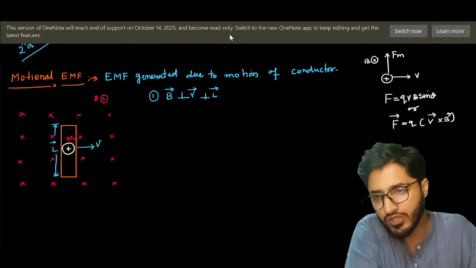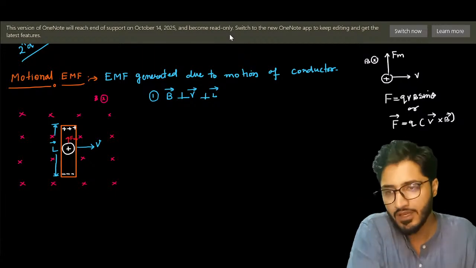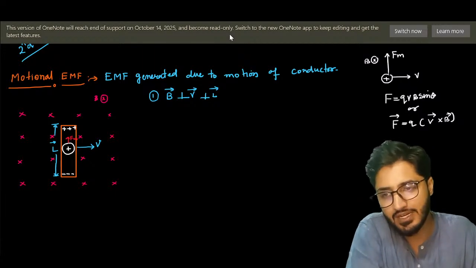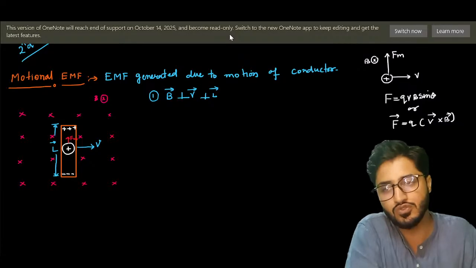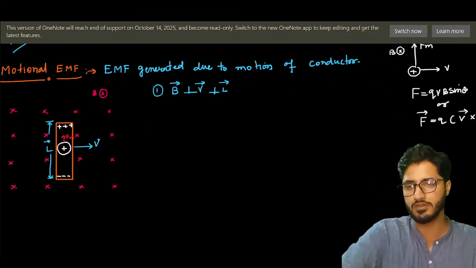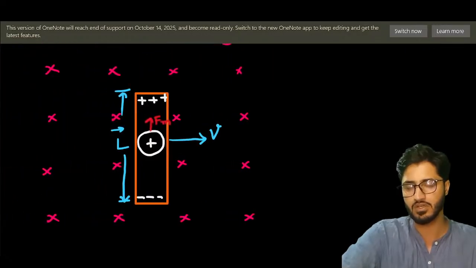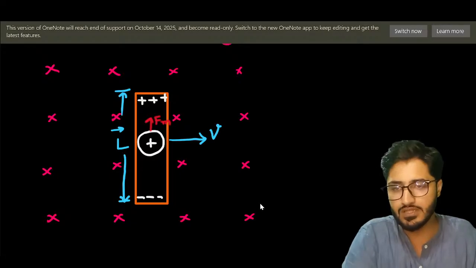Positive charge will accumulate on the upper side and negative on the lower side. If you zoom in, look, positive is upwards, negative is downwards.